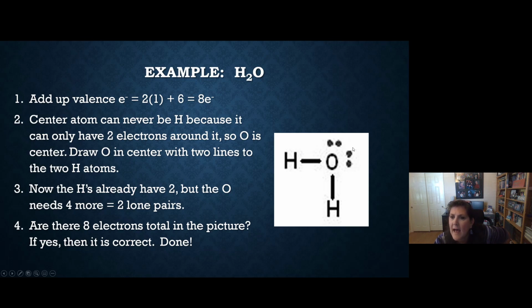How many electrons is that? Well, 2 in the bond, 2 in the other bond makes 4, plus 5, 6, 7, 8. So it has 8. So oxygen is happy because it has to have 8. Remember, in the drawing, you need to have 8 electrons around you. Hydrogen only needs 2 to be happy.